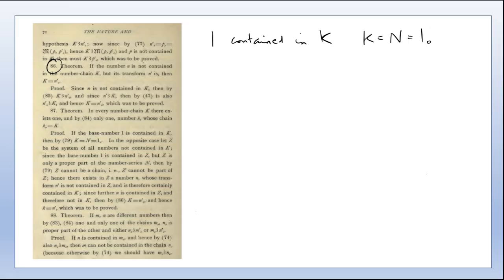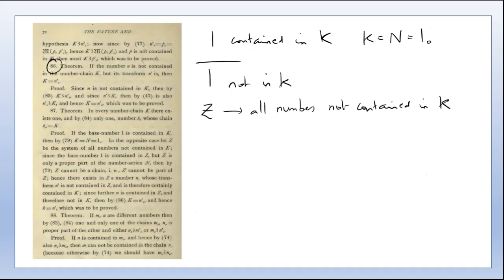In the opposite case, in other words where 1 is not in K, let Z be the system of all numbers not contained in K. So we've got this new system Z. Because K is a number chain, we're thinking about K as a part of the number series n.